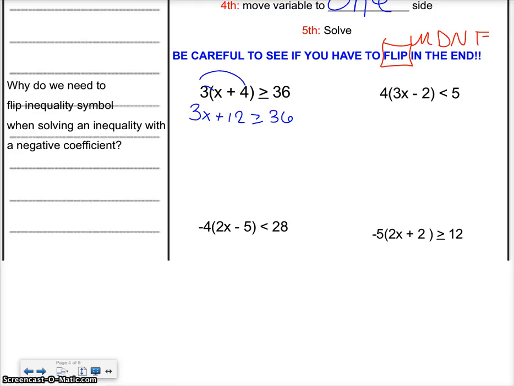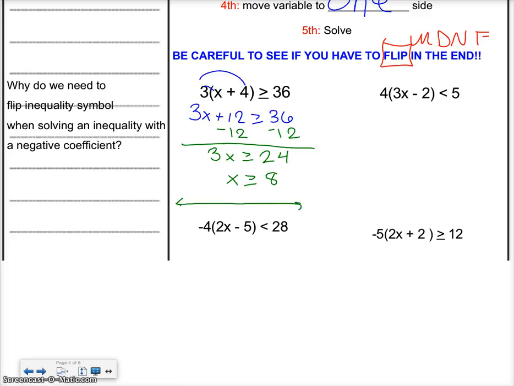Nothing on the left side, nothing on the right side. So now I don't need to move my variable to one point, so I just need to normal solve. So subtract 12, subtract 12. 3x is bigger than or equal to 24. X is bigger than or equal to 8. That's correct.